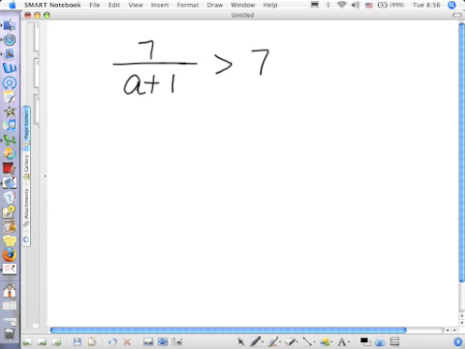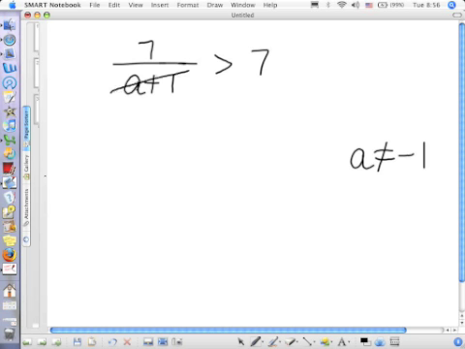First thing, we know it's an inequality, so we are going to have to test when we're done. A cannot be equal to -1, because that would cause an undefined fraction. Next, we solve it like an equation. The only denominator is A plus 1, so I multiply both sides by A plus 1.